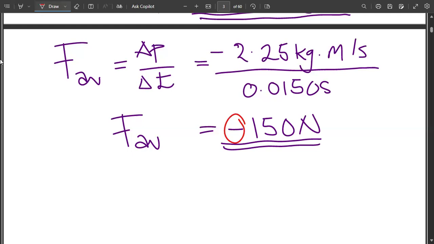So the average force was 150 newtons, directed away from the wall. Therefore, we are finding the answer as negative 150 newtons as the average force that is acting on the ball in this case.